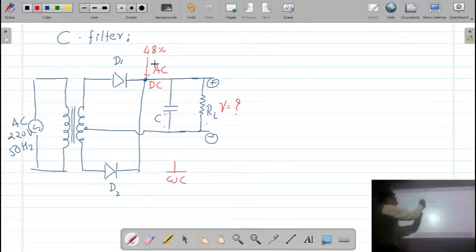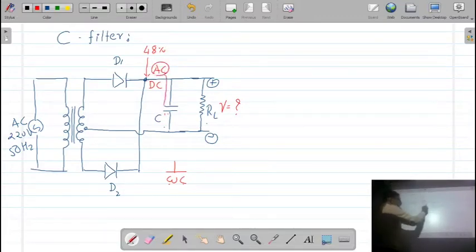If the frequency is 50 hertz, and we select the value of the capacitor accordingly, then this capacitor will offer a very small resistance to the AC component. Means for this AC, the capacitor will behave like a short circuit.